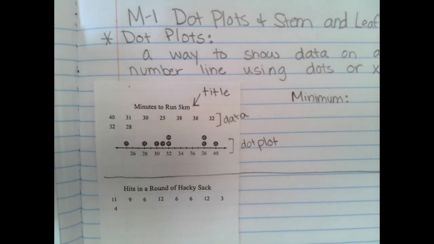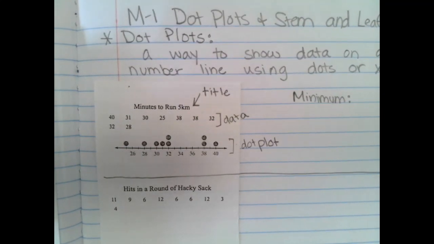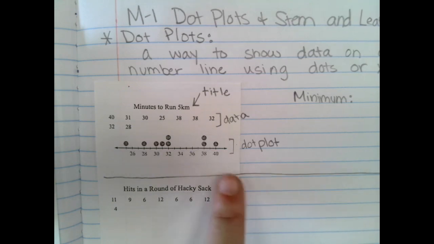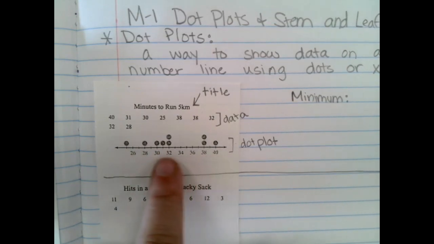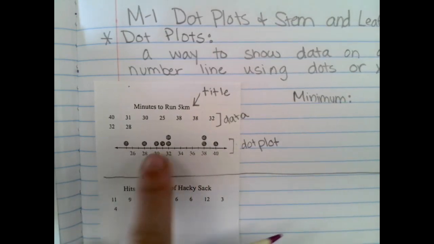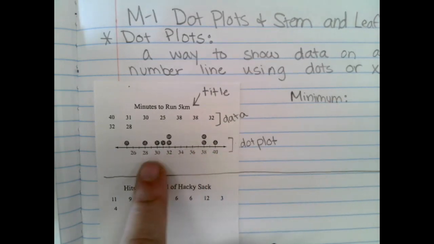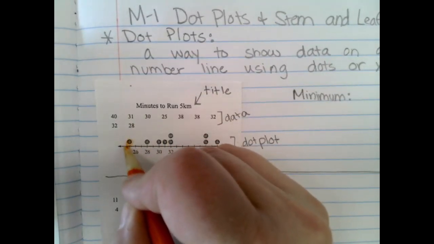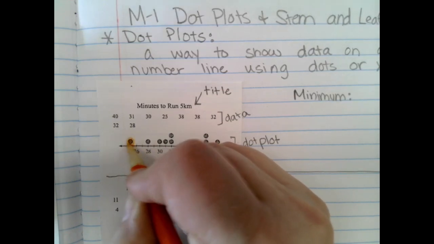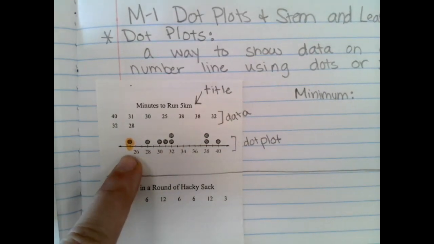To start with, what number would be my minimum here? When I look at my dot plot, I'm looking to see which one is my lowest number. Not which one has the lowest amount, but our lowest number comes all the way to the left side here. And what number would that represent?